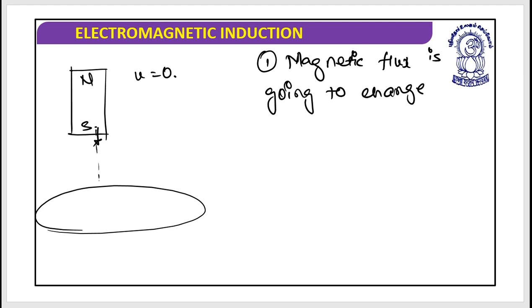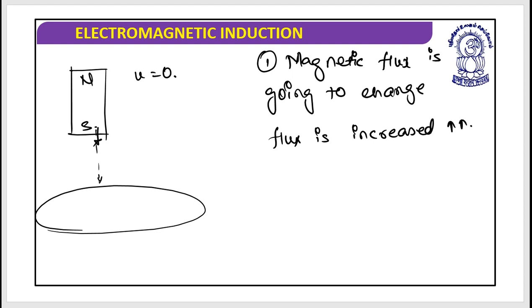Because as soon as it is moving towards the coil, the magnetic flux will increase, because more and more magnetic field lines will link to this coil. I hope you understand this. So as more and more lines link with this coil, it will increase the magnetic flux. So flux is increased.